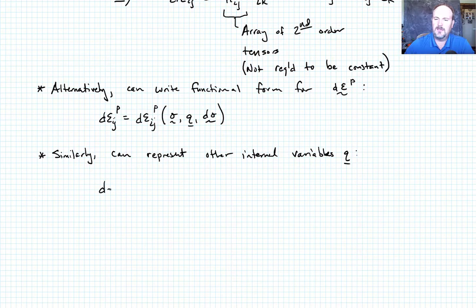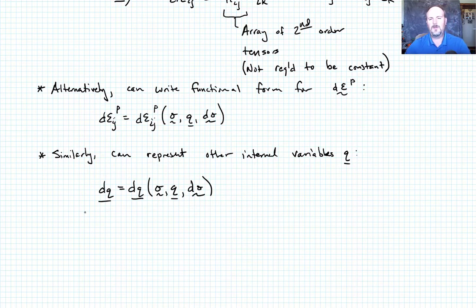We could say that dq is a function such that we have sigma, q, and then d sigma, right? Hopefully that's straightforward. Okay. Now I have to invoke an experimental observation.